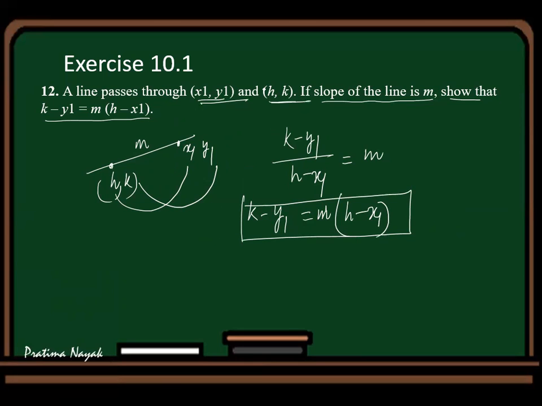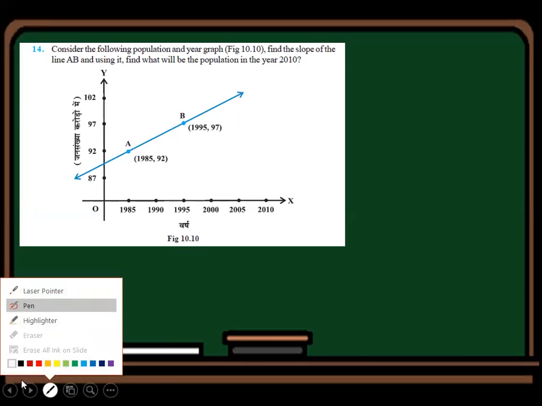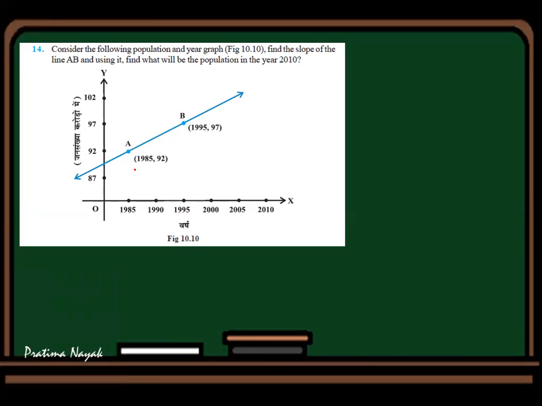Two points are given, m is given. Just write in the slope form. On cross multiplication, you are getting the answer. Question number 13. Here, consider the population of the year graph given below. In 1985, it was 92 crores.